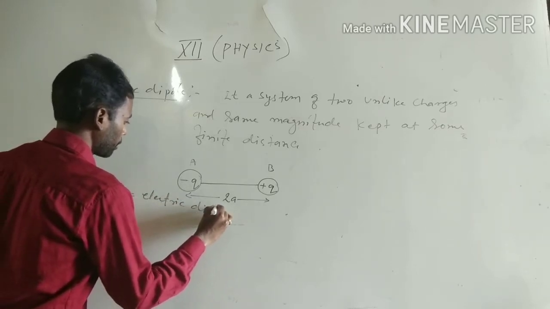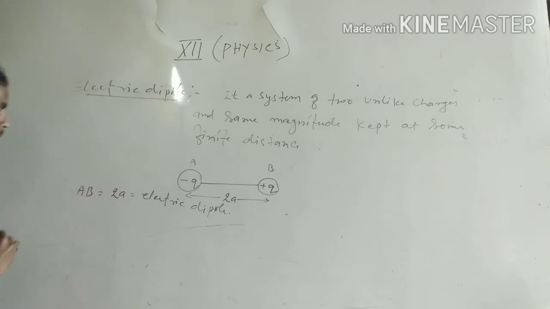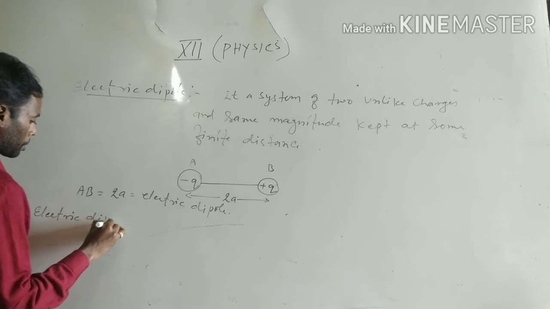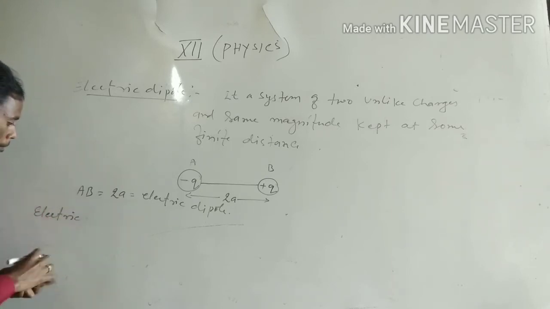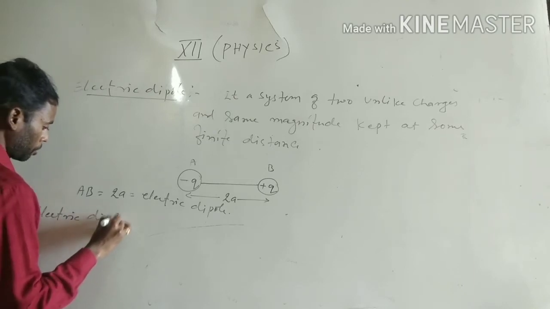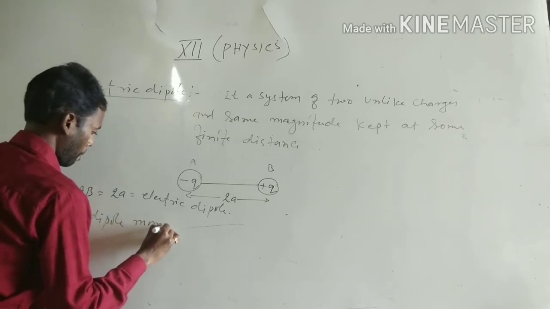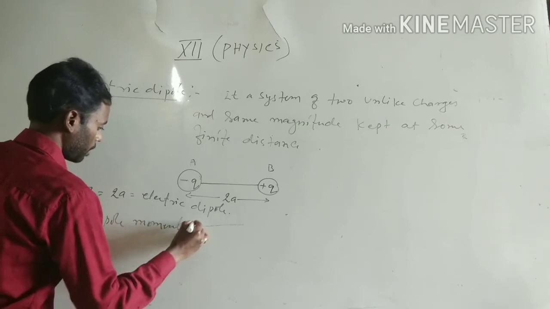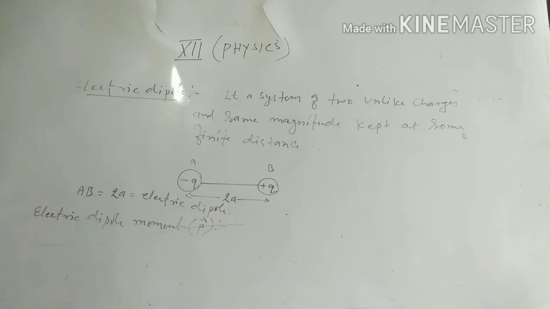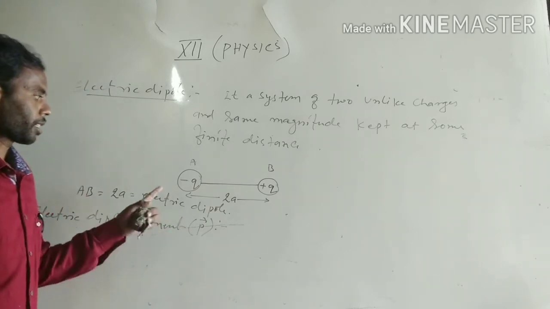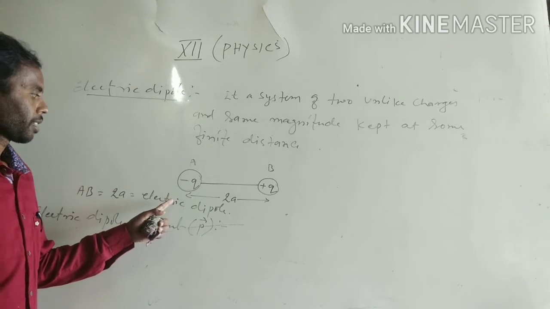Electric dipole moment. It is denoted by P. Electric dipole moment means the product of either charge and the distance.